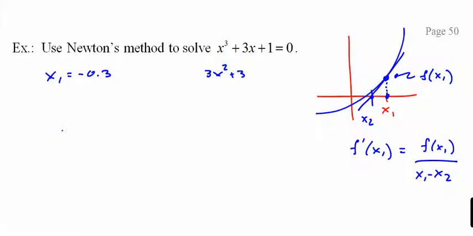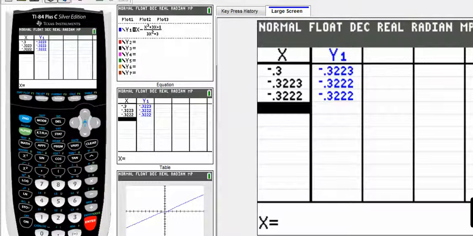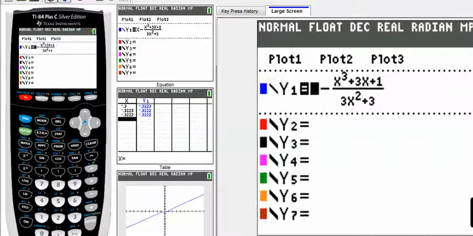So x was actually negative 0.322. Doing that the long way by hand would be challenging, but doable. So let's finish up, and we look at how the graph actually looks. I'm going to turn this one off because when I graph it, I don't want it to show up.